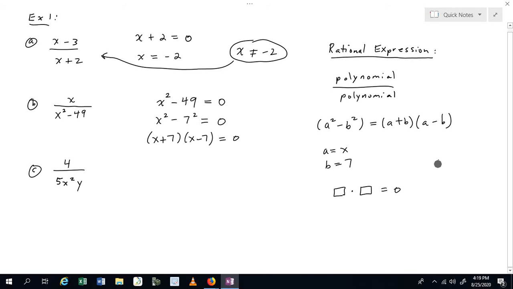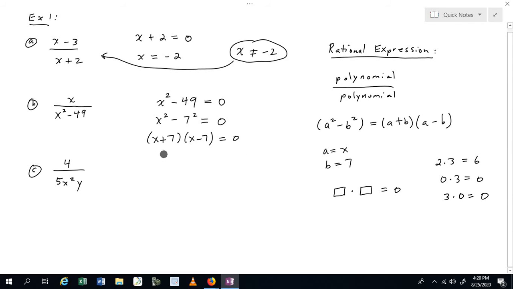You can't take 2 times 3 and get 0, right? That's 6. But if you take 0 times 3, you would get 0. Or if you said 3 times 0, you would get 0. One of these two numbers in these boxes would have to be 0. We don't know which one, but one of them has to be. That's the only way to get a 0 here, right?